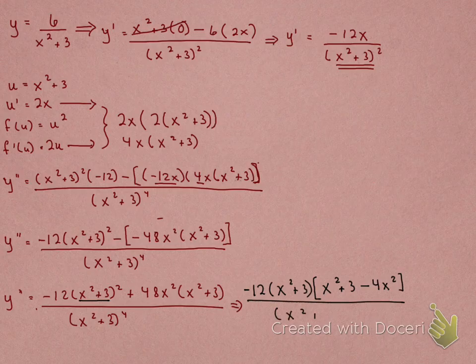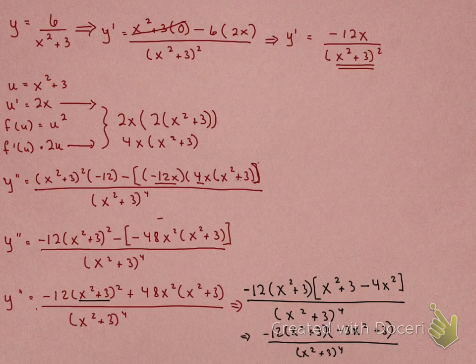Okay. So now you should see where this is going. We are going to get a negative 12 times the x squared plus 3 times negative 3x squared plus 3 all over an x squared plus 3 to the fourth.